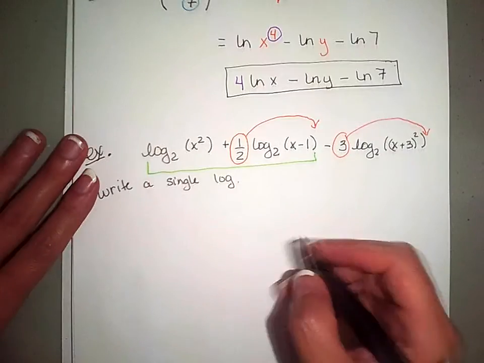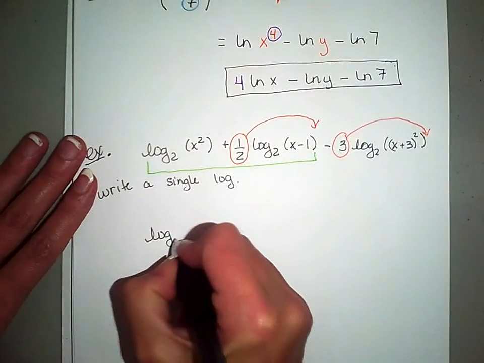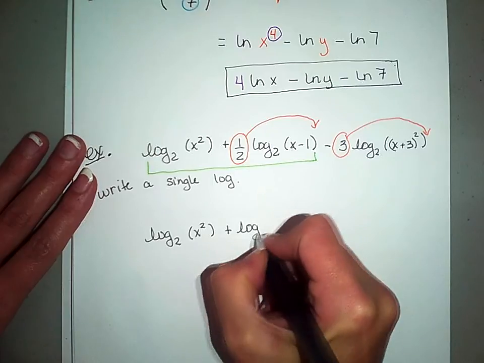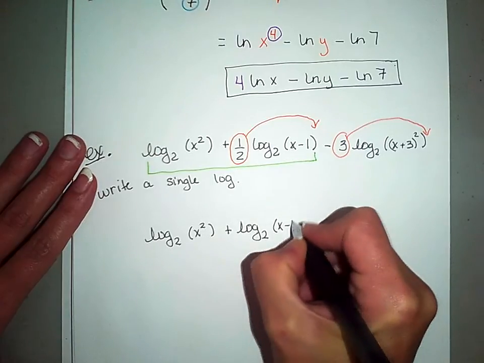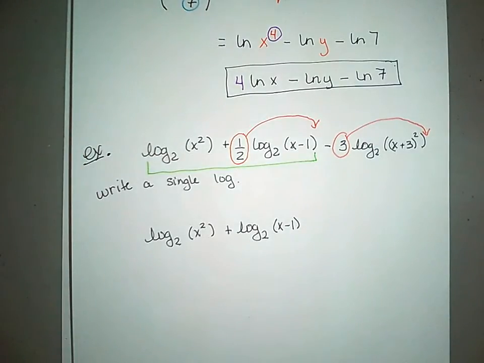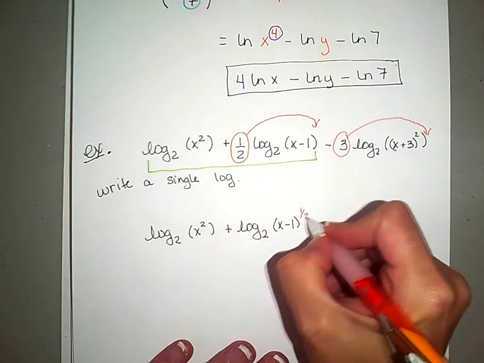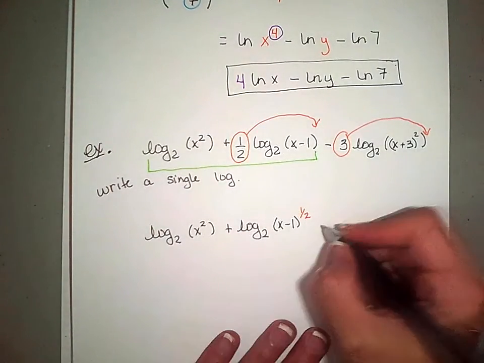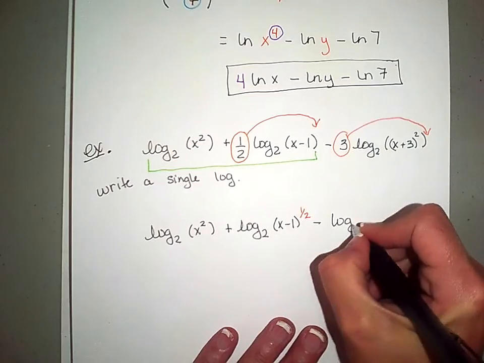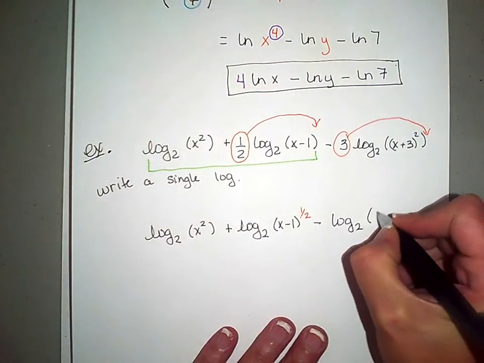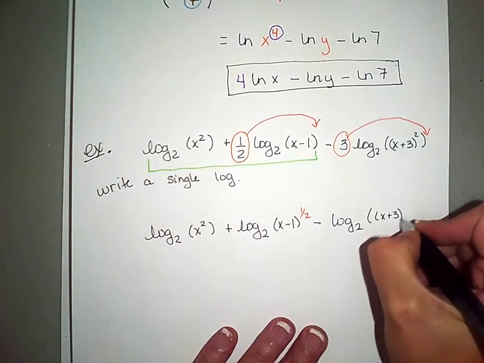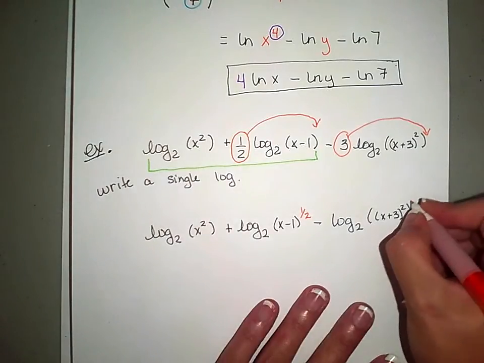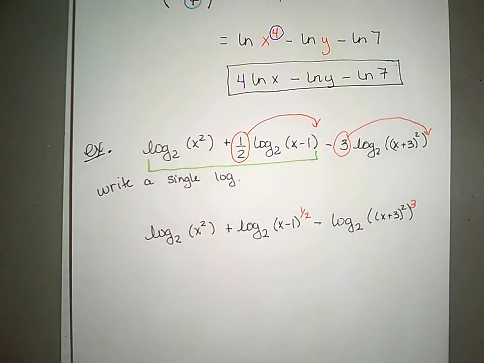So this would become the log base 2 of x squared plus the log base 2 of x minus 1, now to the 1/2 power, minus the log base 2 of the quantity x plus 3, which is already squared, and now we can bring the 3 up and make it cubed.